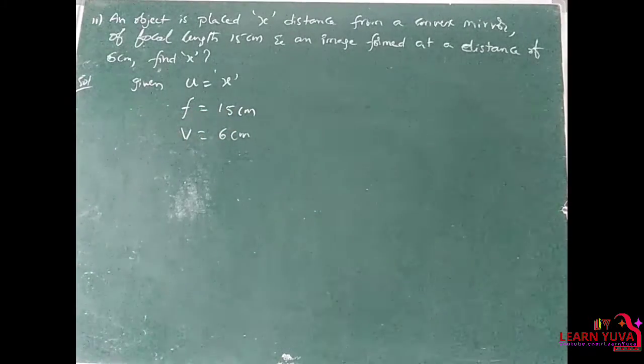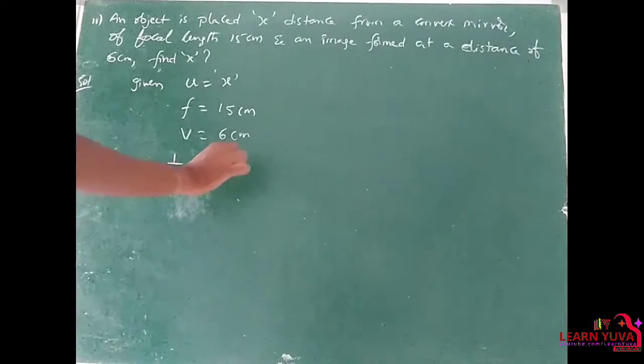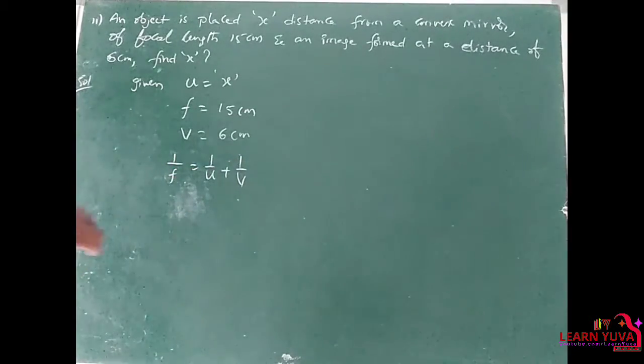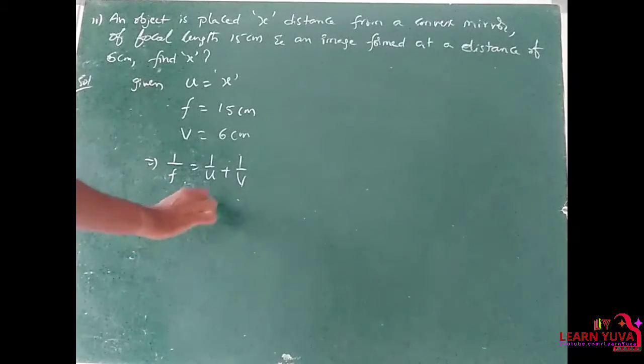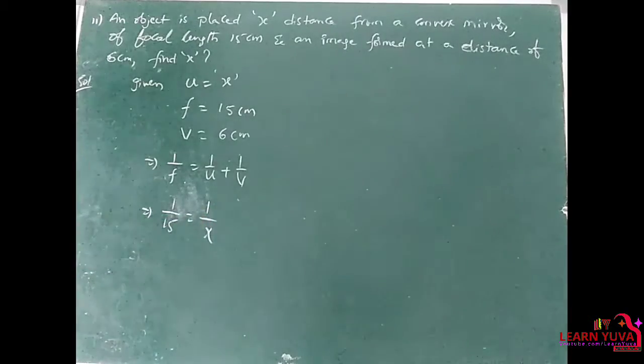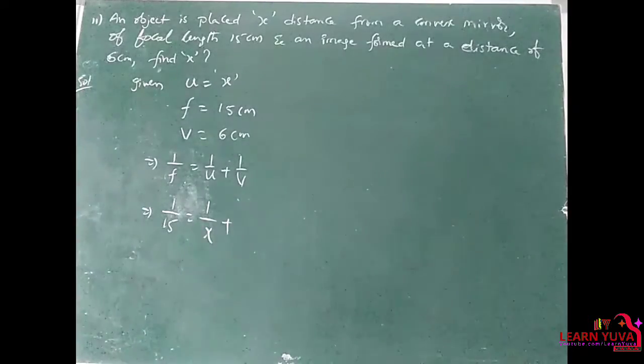So 1 by f is equal to, formula, 1 by u plus 1 by v. So 1 by 15 is equal to 1 by u. u value given is x. We don't know the value of x, plus 1 by v is nothing but 1 by 6.